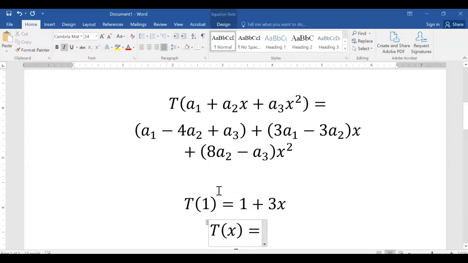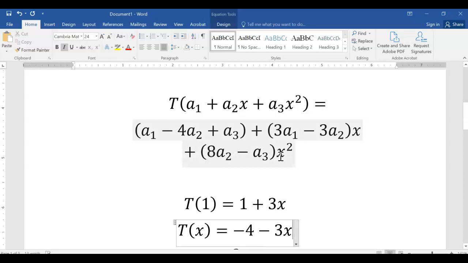When you plug in the x, A1 is 0, A2 is 1, A3 is 0. So we're going to get negative 4 minus 3x plus 8x squared.